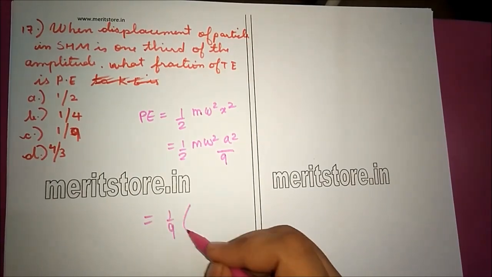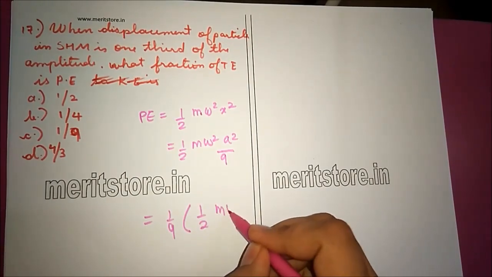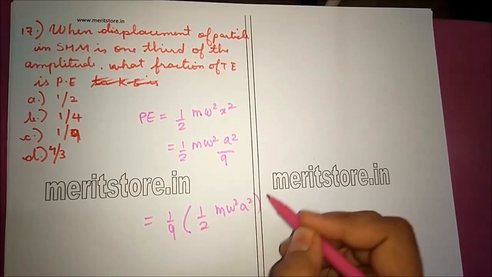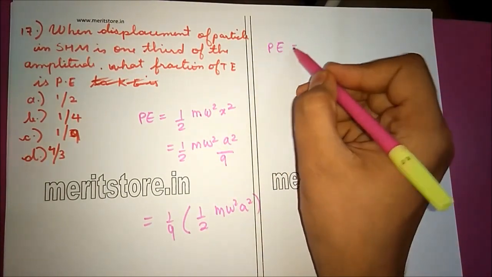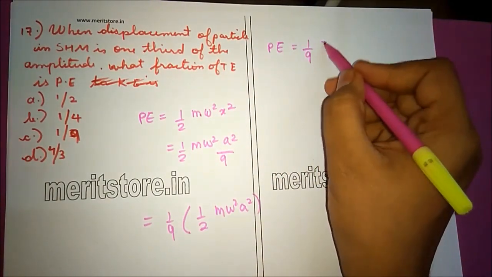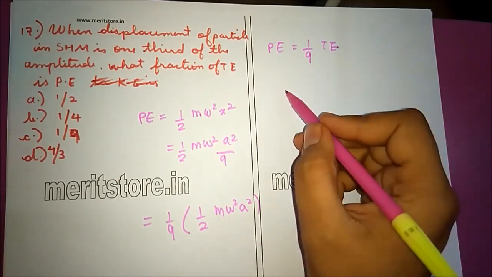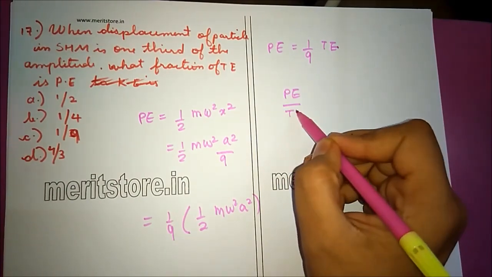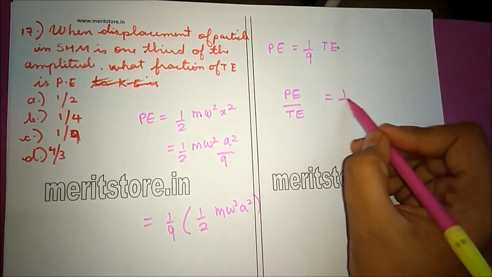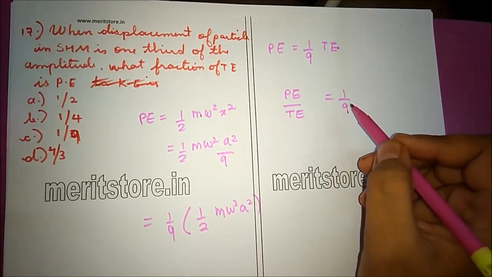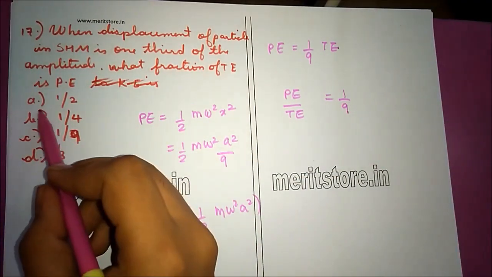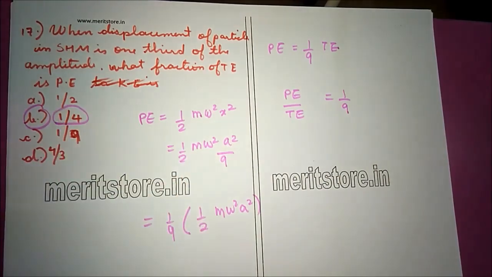So 1 by 9 into 1 by 2 m omega square a square. So PE is equal to 1 by 9 TE. So PE upon TE is equal to 1 by 9. So the fraction is 1/4. So option B, 1 by 4 is the correct answer.